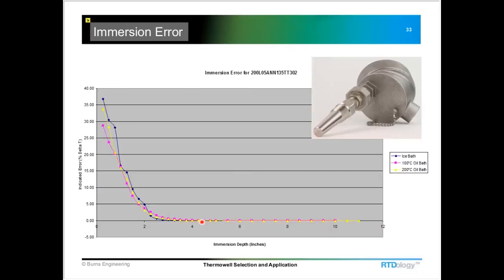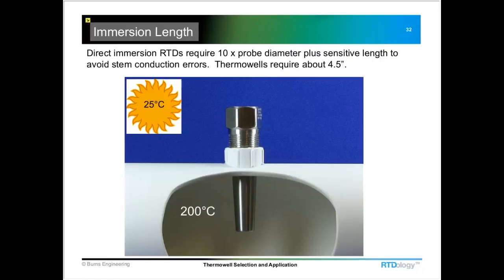Okay, well, I guess maybe what I'll do, we'll start here. With stem conduction, if the process fluid and the ambient conditions are the same, we're not going to see any heat flow through the metal parts of the Thermowell or the temperature probe or even the lead wires that go from the connection head down to the sensing element.